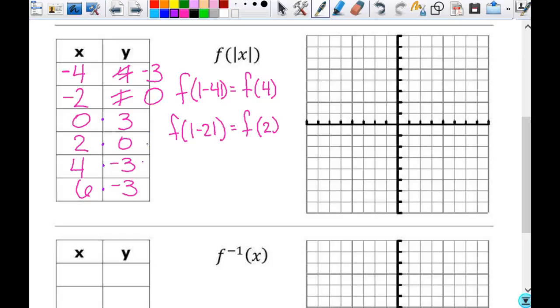So let's look at what's happening graphically. When we plot these, we've got -4, -3, -2, 0, 0, 3, 2, 0, 4, -3, 6, -3.